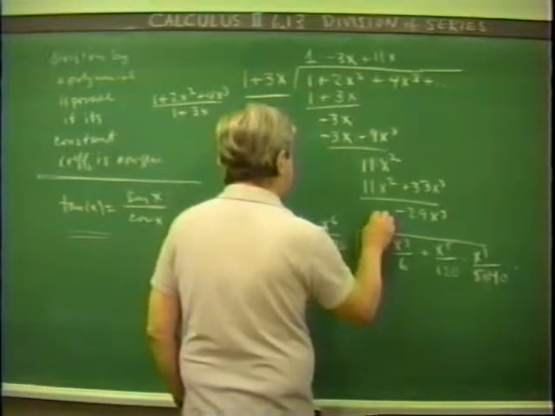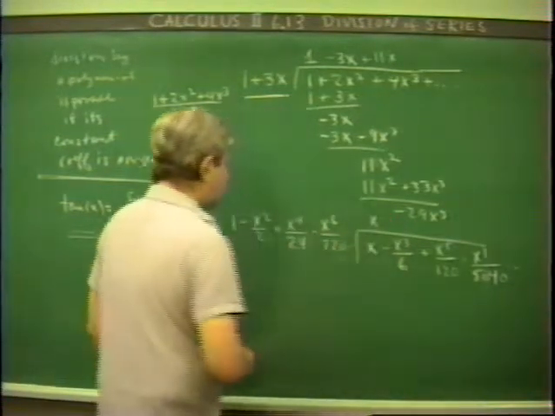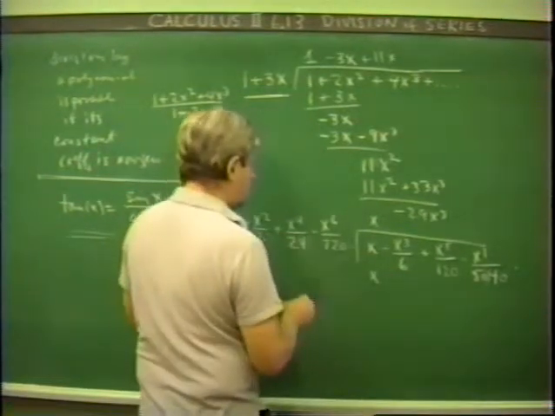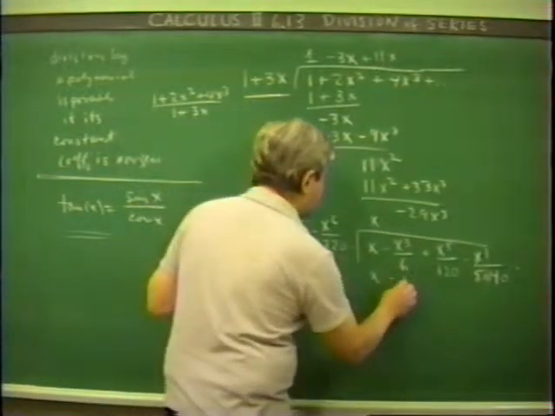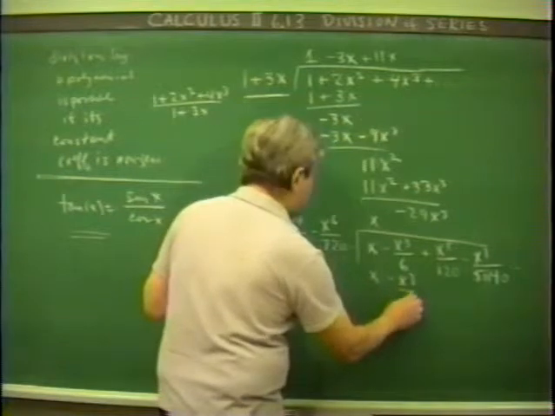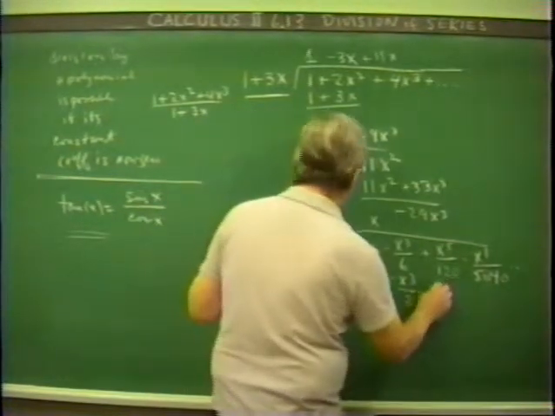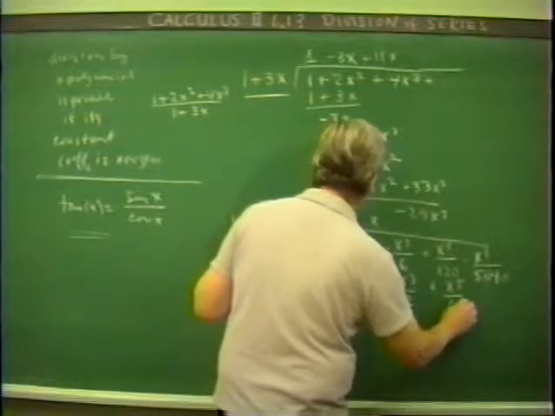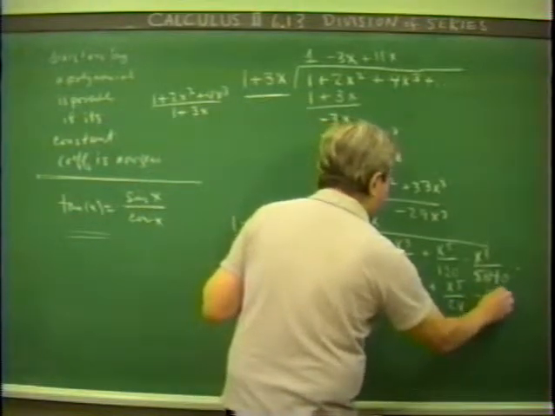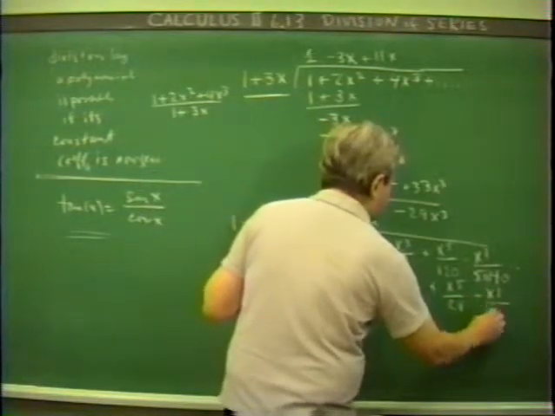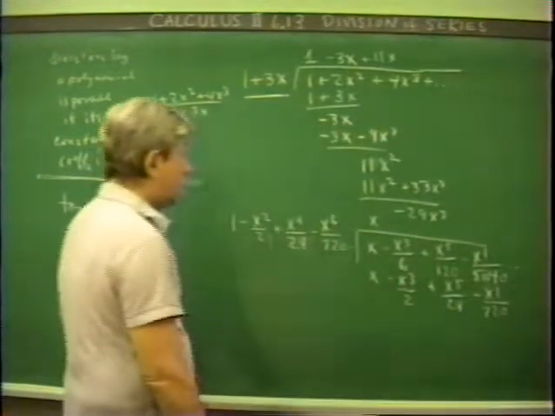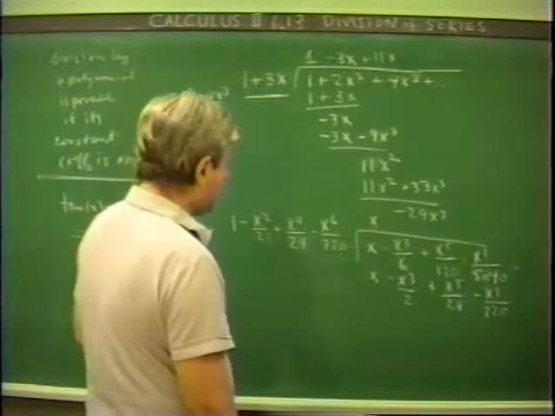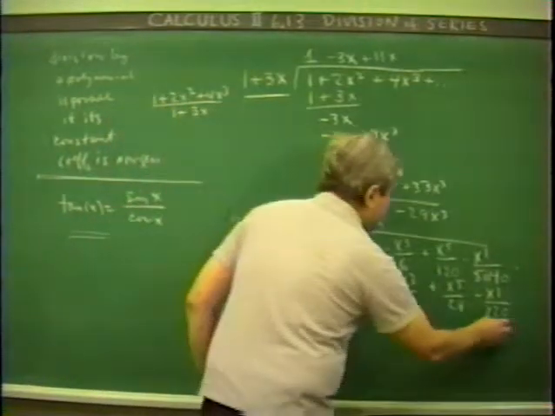But we can do this division and carry it out so far, so that, for example, if we divide 1 into x, it's going to give us x. And so we're going to get x minus x cubed over 2 plus x to the 5th over 24 minus x to the 7th over 720.